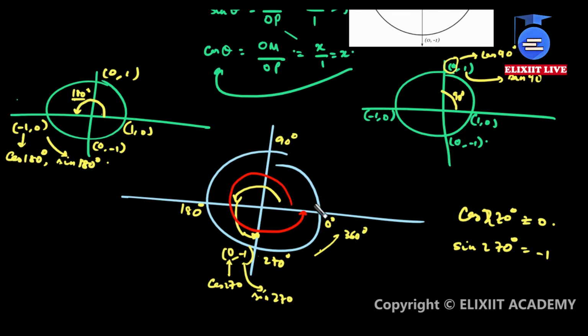Whenever you come back to the fourth quadrant, this coordinate is 1, 0. So sine 360 will be 0 and cos 360 will be 1. Basically, cos 2 pi is 1 and sine 2 pi is 0.